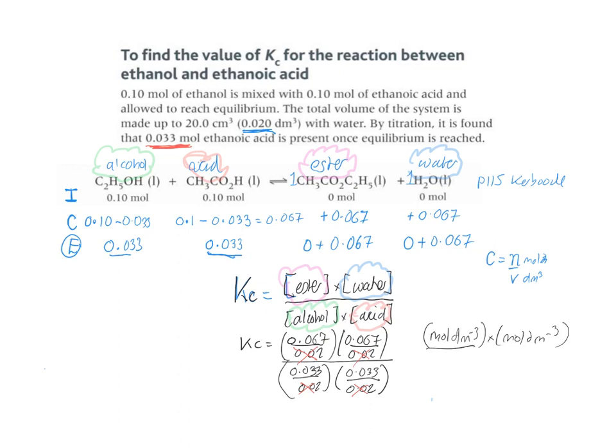We also have on the bottom the concentration of the acid and the alcohol, which are both moles per dm cubed times moles per dm cubed. So as you can see, they cancel out. So in this instance, Kc has got absolutely no units, and the value comes out to 4.1, no units.